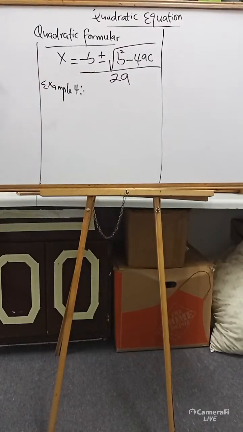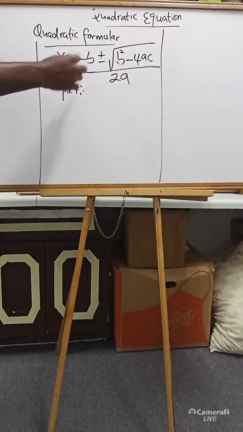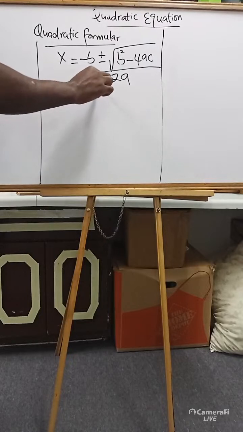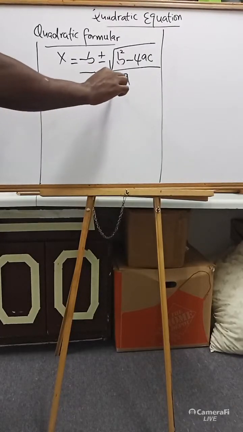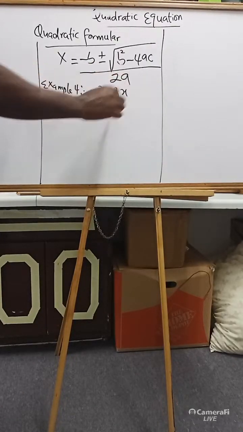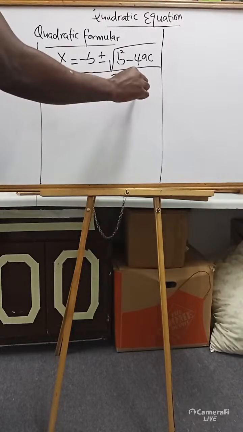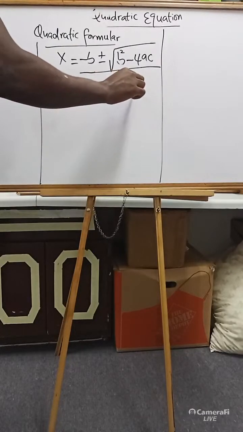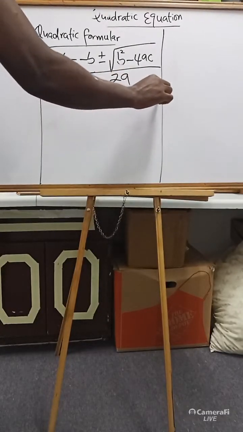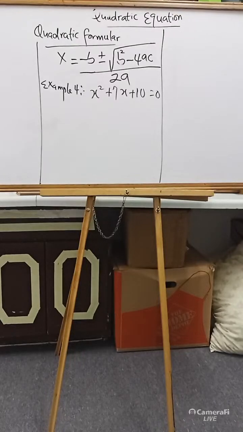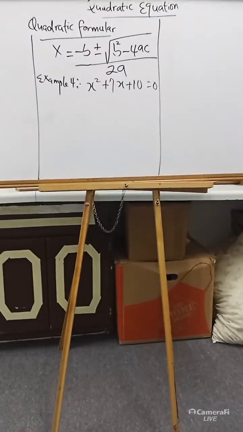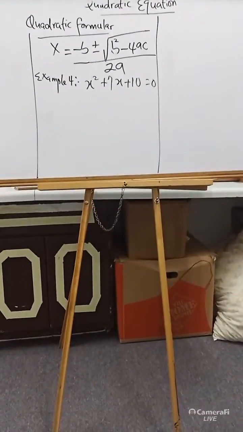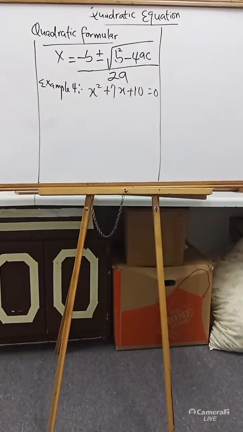I have x squared plus 7x plus 10 equals 0. So I'm having x squared plus 7x plus 10 equals 0.